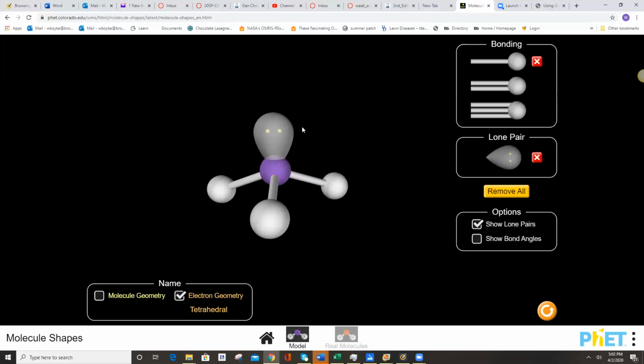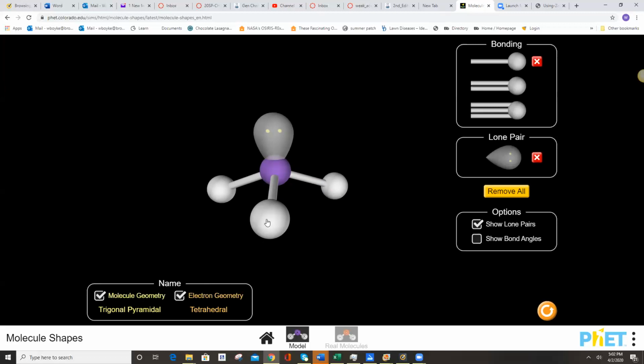The molecular geometry, we don't care about this lone pair. We're just looking at how the atoms are situated with respect to each other. And how the atoms are situated with respect to each other is kind of like a pyramid, where the central atom is the peak of the pyramid, and the 3 outer atoms are the base of the pyramid.